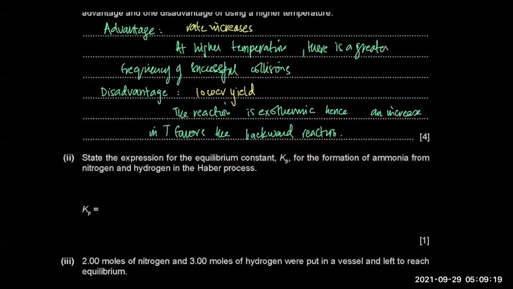State the expression for the equilibrium constant Kp for the formation of ammonia from nitrogen and hydrogen in the Haber process. Kp is in terms of partial pressures, right? So in Kp, what do we have?